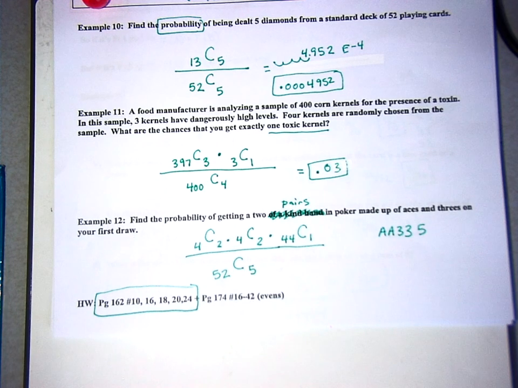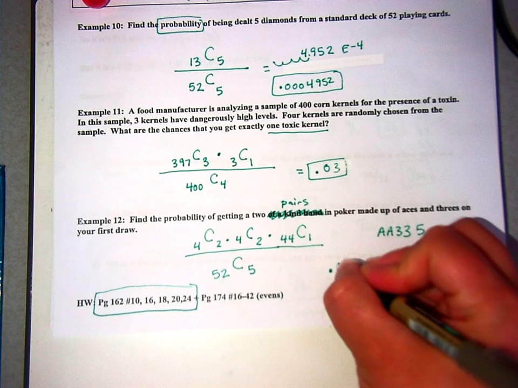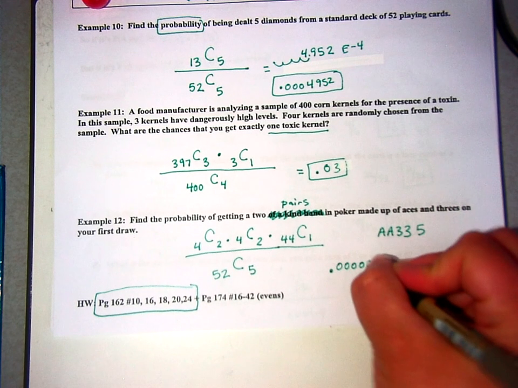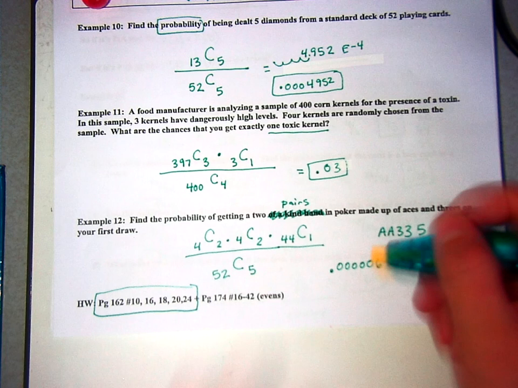Did you do this kind of stuff in college? Yeah. I got .000006. No, I did it wrong. 3 zeros and then a 6.